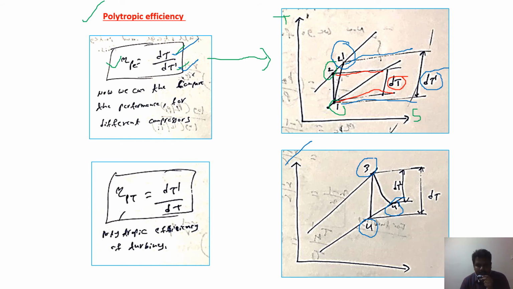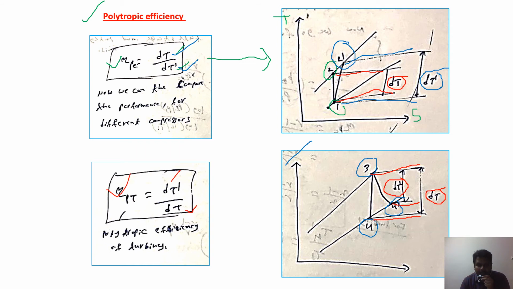So from this, polytropic efficiency of the turbine equals dT dash divided by dT, because here 3 to 4 is dT, 3 to 4 dash is dT dash.